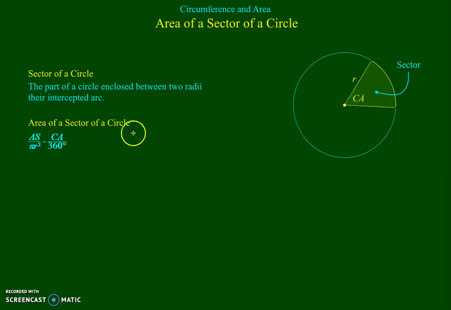So again, area of sector is a proportion, part to whole, area to area, angle to angle. Area of sector is to area of a circle as central angle is to 360. Again, very, very similar to arc length. So let's go ahead and work some examples and see how to use this.